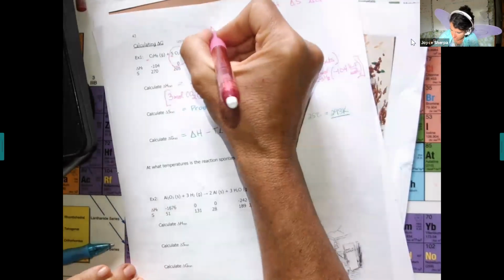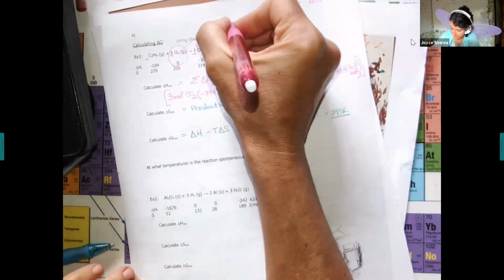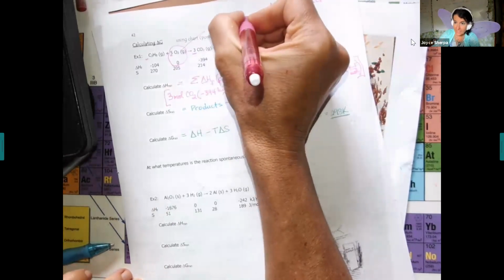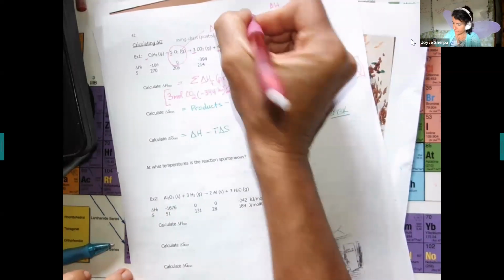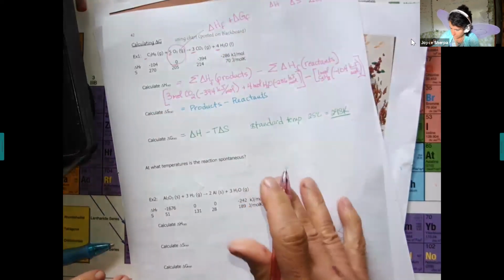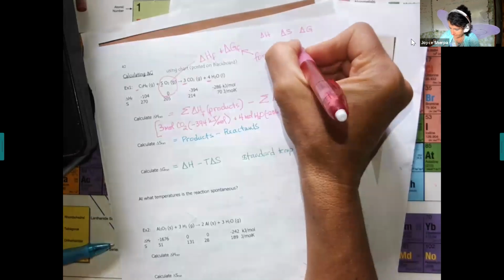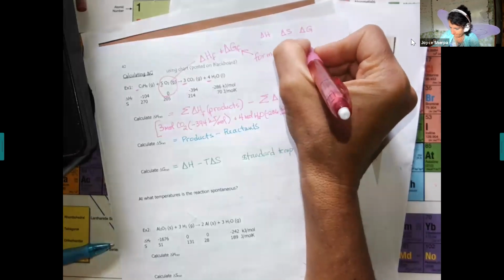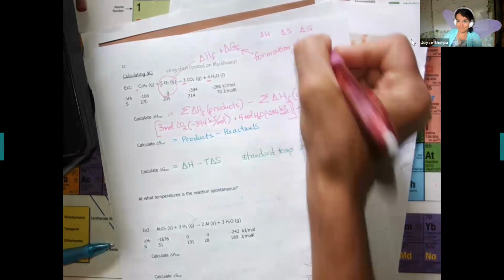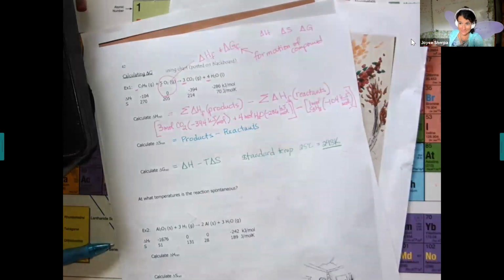Delta H of formation and delta G of formation. The F stands for formation of a compound. So elements are 0.